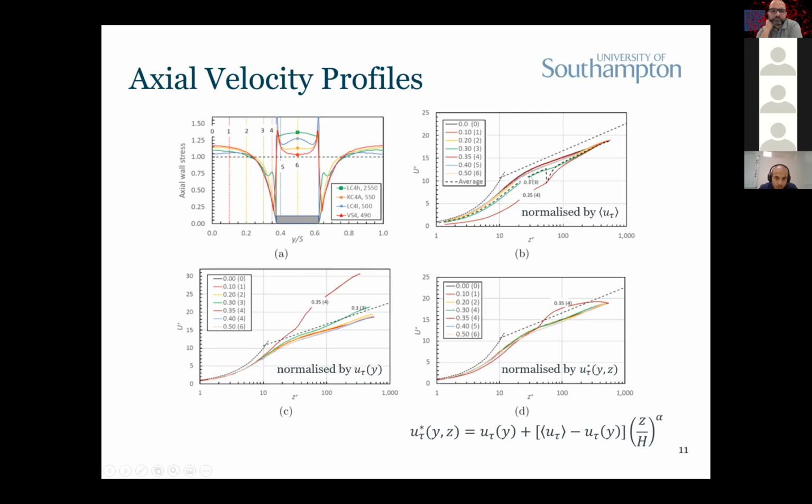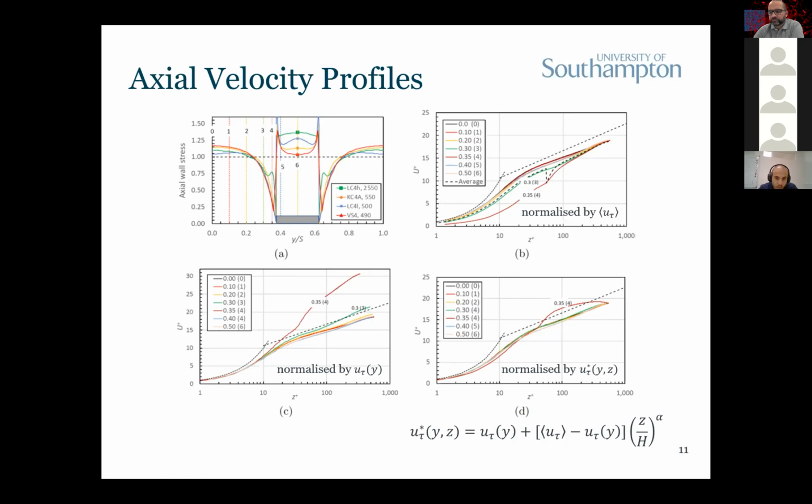Whereas if you normalize these curves by the global U tau, which is the spanwise-averaged U tau, denoted by the solid dotted black line here, then the sublayer near wall region does not collapse very well, but the outer region collapses well.